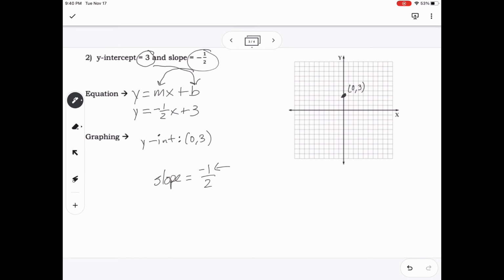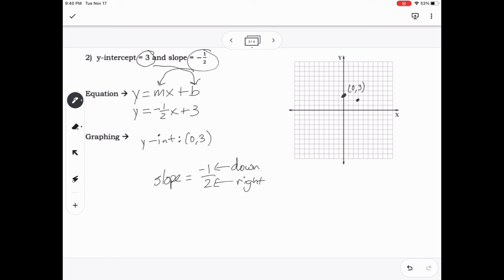Here, the -1 says down. The 2 still says to the right because it's positive. So one can be negative, one can be positive. They both could be negative, but we usually don't write it that way. So following that pattern, I go down 1, and then I go to the right 1, 2. So then my point is right here at 2, 2.